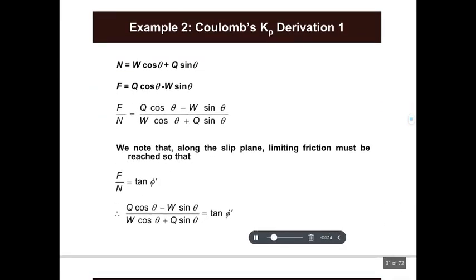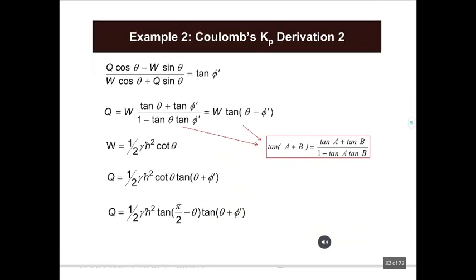Similarly, along the slip plane, the limiting friction must be reached so that F over N is equal to tangent phi prime. So now we have Q cos theta minus W sin theta over W cos theta plus Q sin theta equal to tangent phi prime. And now we have Q equal to W times tangent theta plus phi prime.